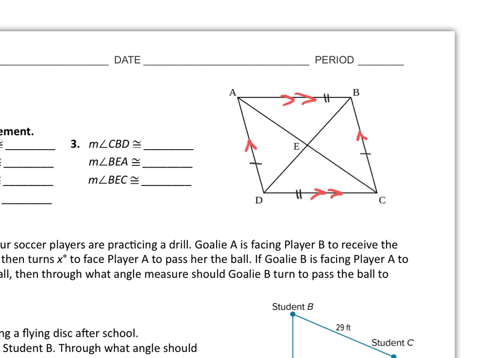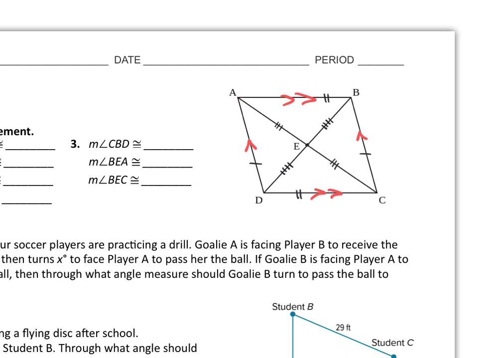The diagonals are going to bisect each other, and that means that in this case, AE is going to be the same length as EC, and BE will be the same length as ED. And of course, since they bisect each other, that point E is going to end up being the midpoint of both BD and AC.